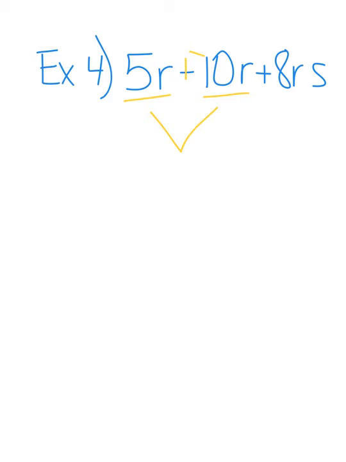So 5r's plus negative 10r's is a negative 5r. We cannot combine anything with my 8rs, so we just bring my 8rs down. The negative 5r only has the letter R. The 8rs has an R and an S. That means they cannot be combined because of the letter S there, and we are simplified. Let's look at example 5.